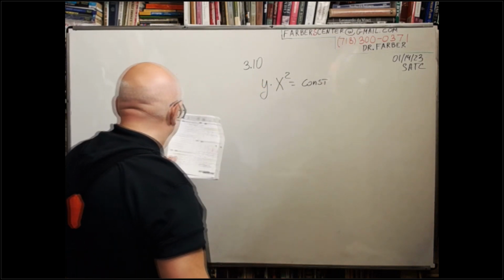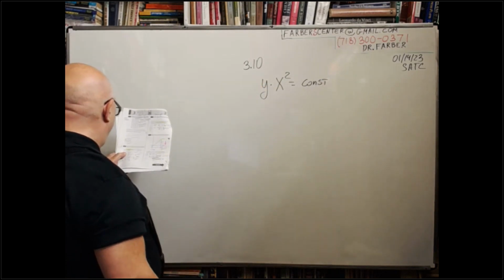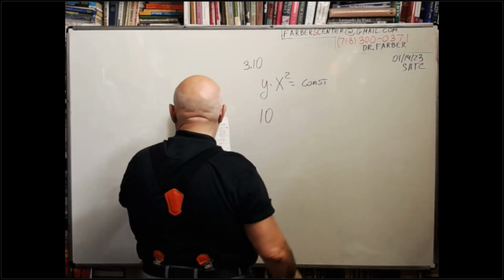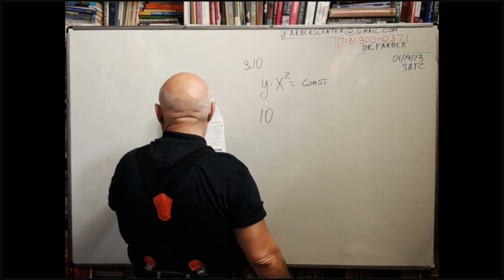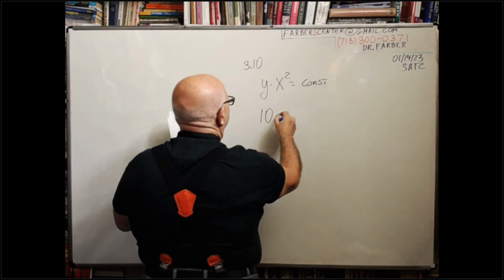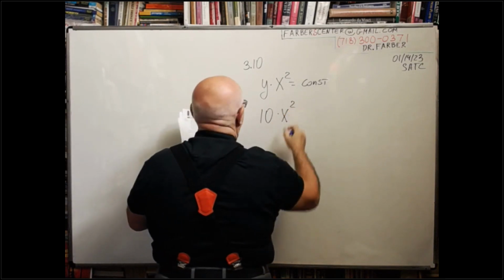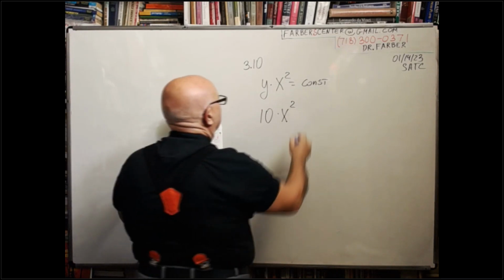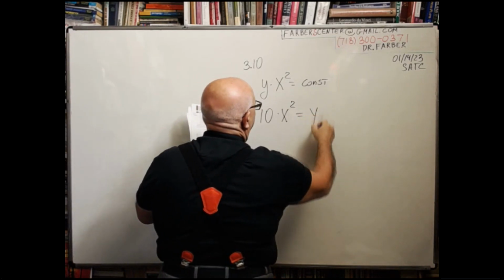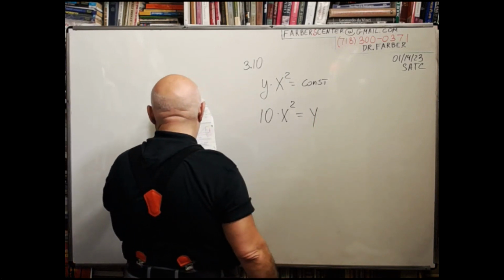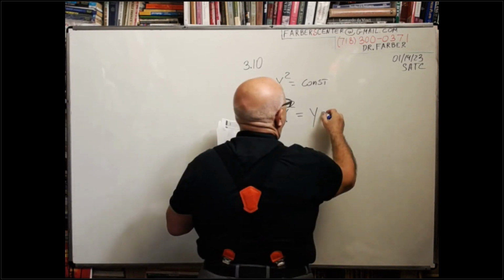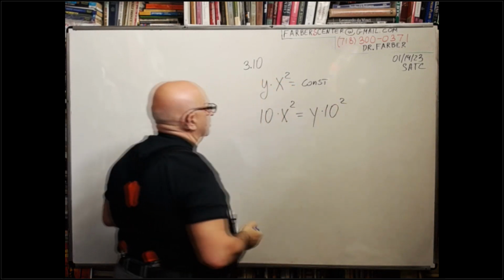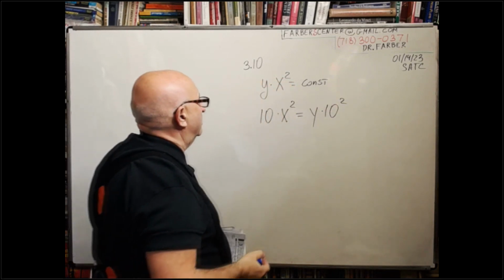Now, when y equals 10, x equals 2. What is the value of y when x equals 10? It's constant, always the same. So from this simple equation, you can easily find y.